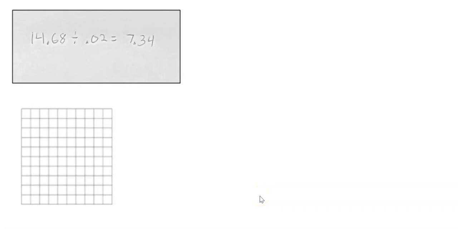Okay, now let's get back together here, because let's think about when we had our hundreds grids and we divided them. So this one is 14 and 6,800. So I would need more than 14 of these grids, right? I would need almost 15.